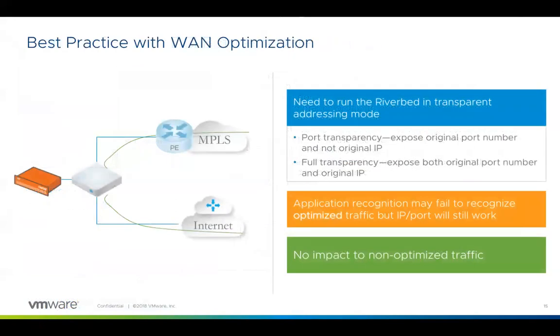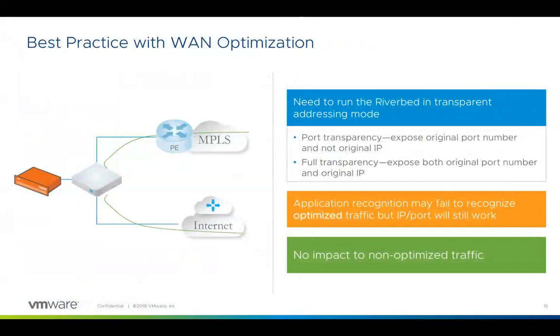In terms of inserting VeloCloud Edge with WAN optimization, the recommendation is basically to make sure that the WAN optimization device, such as Riverbed, is actually downstream from the edge, and then you enable either port transparency mode or full transparency mode on the Riverbed steelheads.